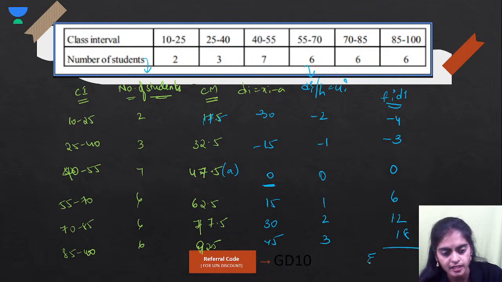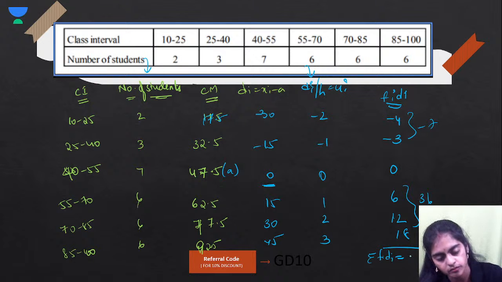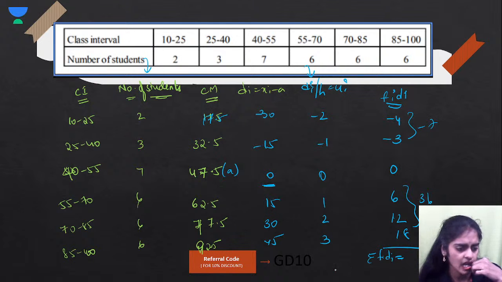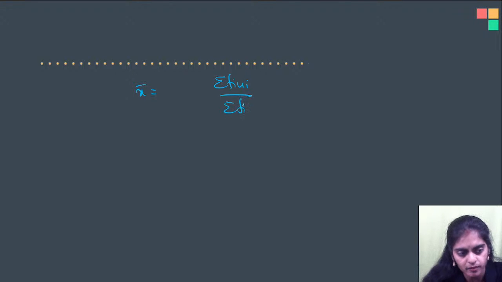So here, sigma fi ui I want. This is minus 7 and this is 36. So 36 minus 7, how much are you getting? Okay. So now mean equals sigma fi ui divided by sigma fi.